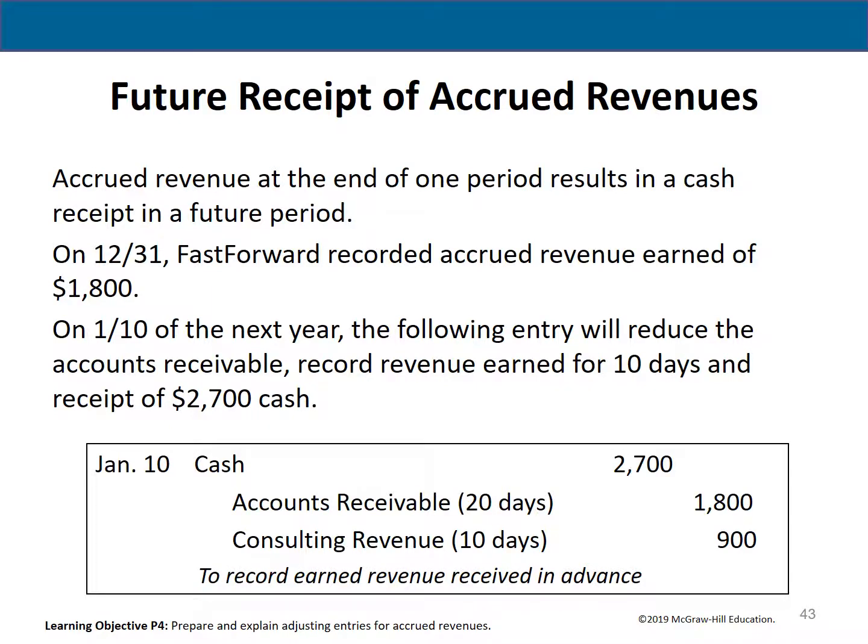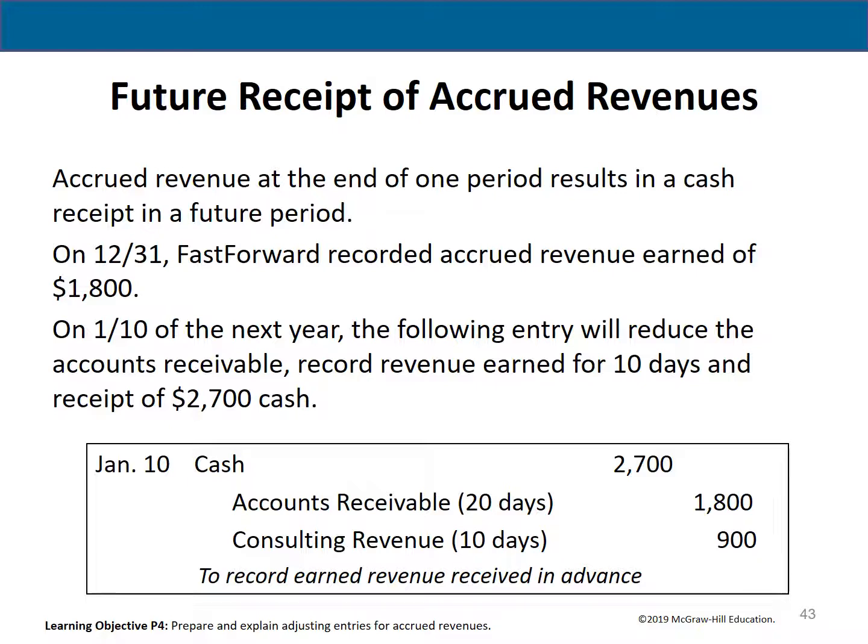Now, what happens next year when we actually get the money? So this is fast forwarding. This is not an adjusting entry. It's just showing you, kind of bringing this transaction full circle. What happens when we get the money? Well, now it's January 10th. We debit cash because the company's paying us $2,700 in cash. The first 20 days of revenue associated with this cash has already been recorded last year, and it was stored in accounts receivable waiting for the customer to pay.